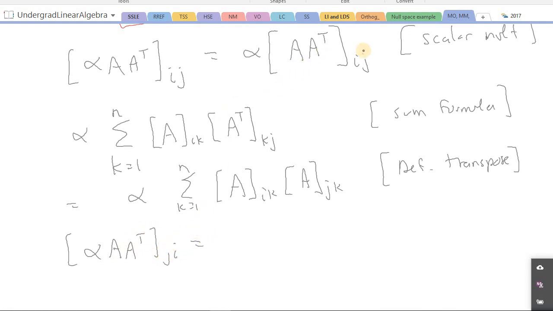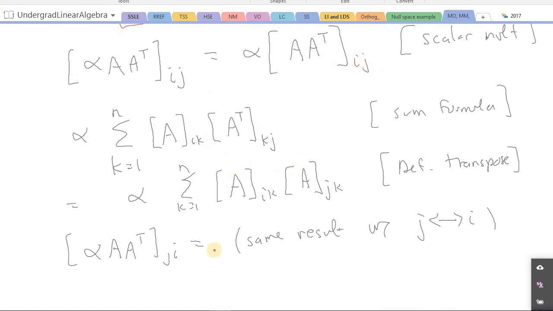Now I could go through the whole business again. However, this is just the same expression with j and i interchanged. Like I said, I could write every step down, but every step here will be identical to the step up here, except instead of ij, I'll have ji.